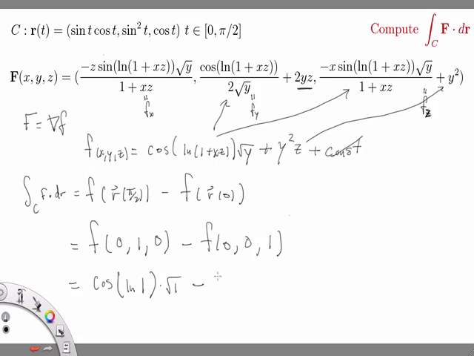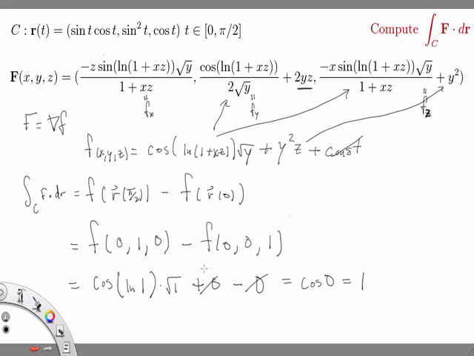And then plus y squared z, but of course z equals 0, so I would technically get plus 0, and then minus f of 0, 0, 1. So now, because y equals 0, both this term and this term will be 0, so I get minus 0. So you sort of ignore these. So in the end, I just get cosine of natural log of 1. Natural log of 1 is 0, so I get cosine of 0, which is equal to 1.